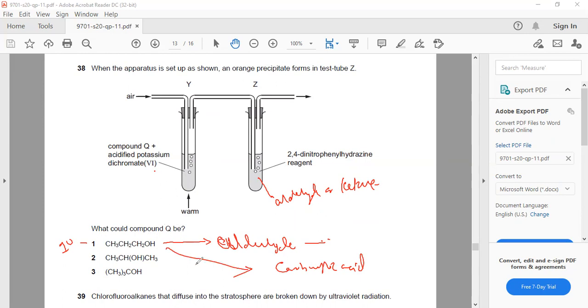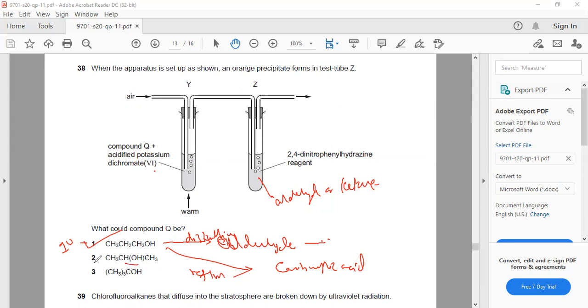Usually on reflux carboxylic acid, on distillation aldehyde, right? But none of the apparatus is used here. So little aldehyde is also formed, which further oxidizes to form carboxylic acid. It means aldehyde forms, it will react with 2,4-DNPH and give yellow, orange PPT.